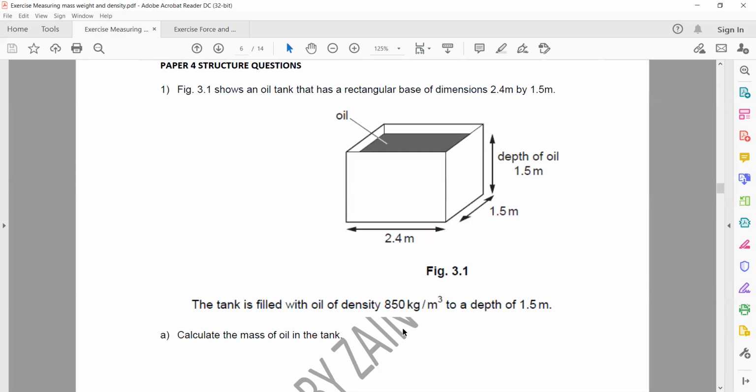The tank is filled with oil which has a density of 850 kilogram per meter cube at a depth of 1.5. So when the depth is 1.5 and the density of the oil is 850, we have to calculate the mass of the oil. How can we calculate the mass of the oil?